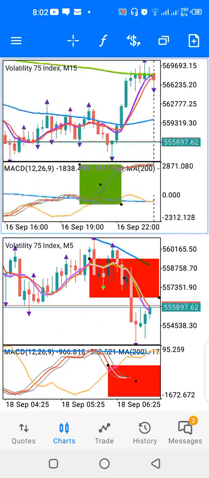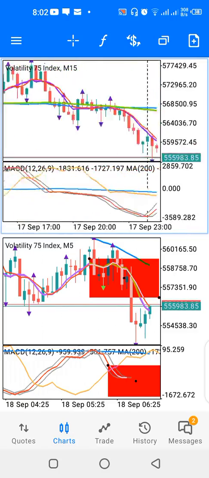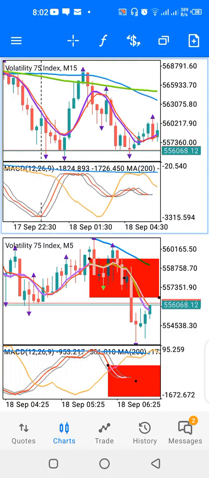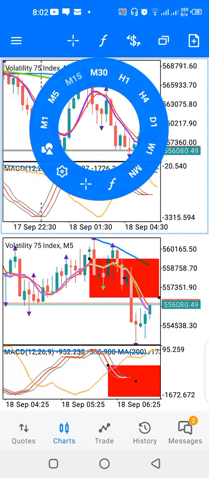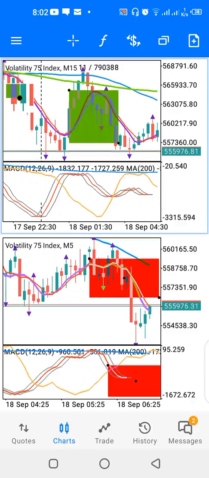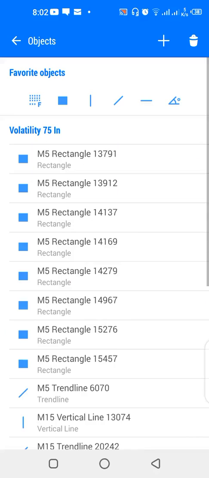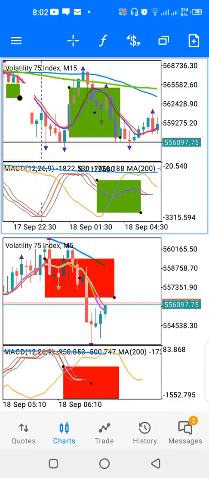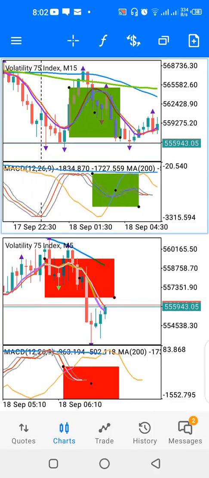That's what happens on the 15 minutes time frame. When you have alignment of a buy signal on the main chart and a buy signal on the indicator window, that's the perfect time to buy.